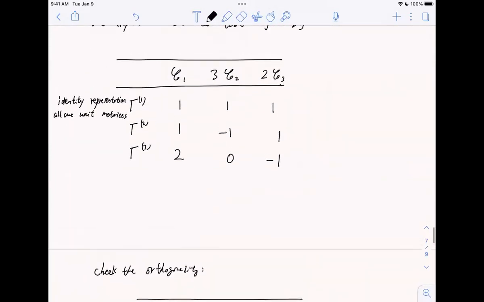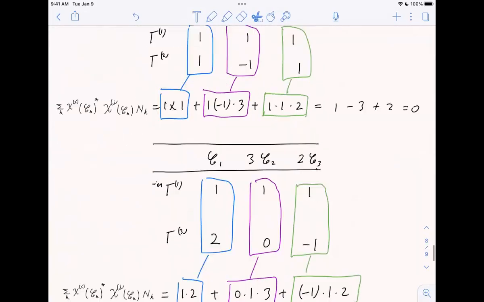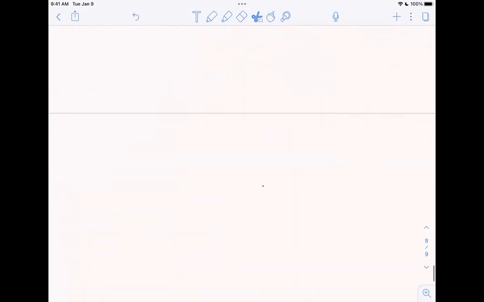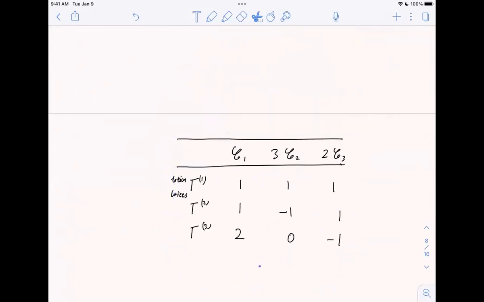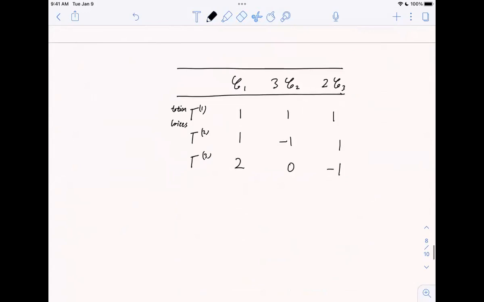So one more example then. Just do 1 or 2 more times. You already get the idea. So this time just do these 2. Then you have 1 times 2 plus -1 times 0 plus 1 times -1.